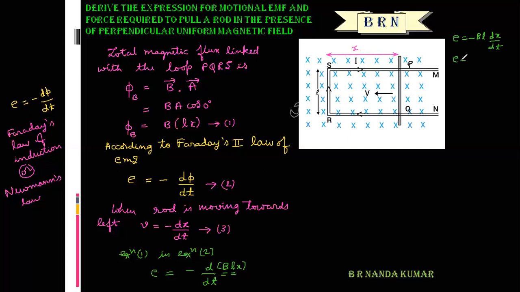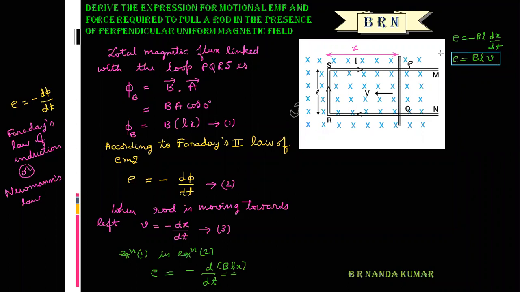So E is equal to BL times minus dx by dt. What is that? That is the velocity. So this is the mathematical expression for motional EMF: E is equal to BLV.